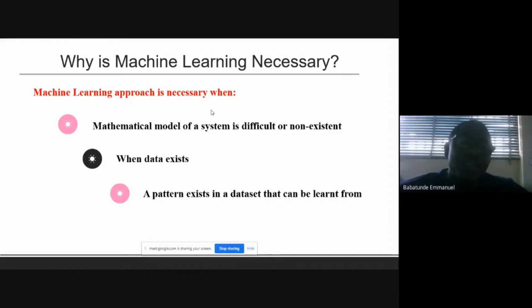But the caveat is, even if you have a mathematical model of your problem, you can still use machine learning, but it will not be as efficient as implementing your model mathematically. So why is machine learning necessary? The machine learning approach is necessary when you have data. It is necessary when a pattern or a trend exists in that data that you can learn from.